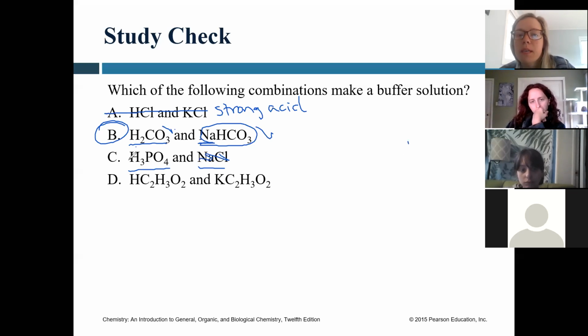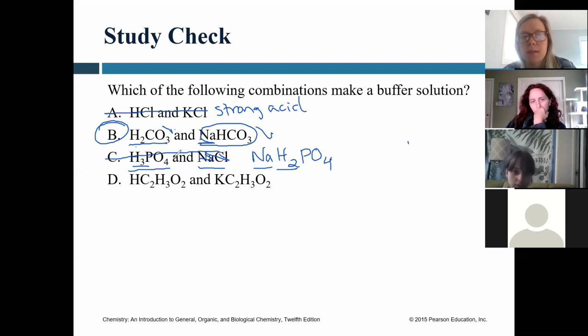So this is definitely not a buffer solution, but a more appropriate thing would be NaH2PO4. We're down a hydrogen, and then we have some sort of metal making it a salt. This would work. This definitely doesn't work. So we're not a buffer here.